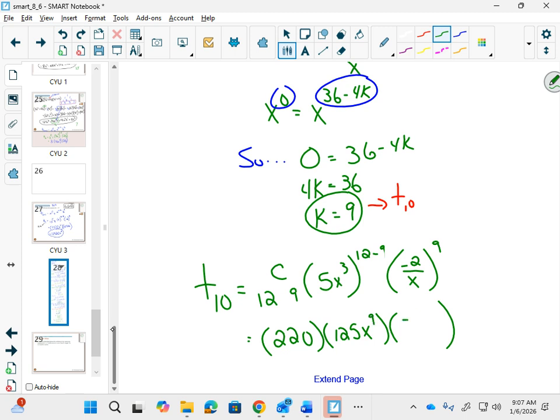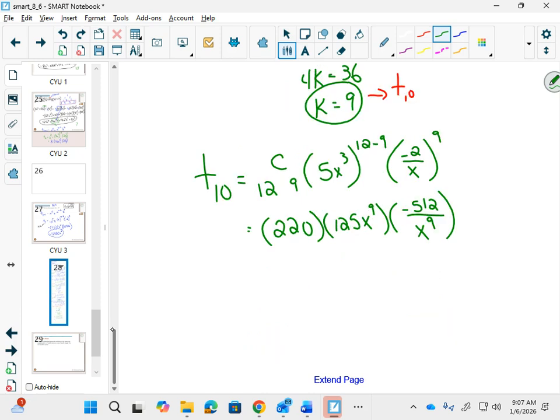Negative 2 to the 9 is negative 512. And x to the 9 will be x to the 9. Sure enough, do you see that your x to the 9s would simplify and go away, giving us a constant term? 220 times 125 times negative 512.